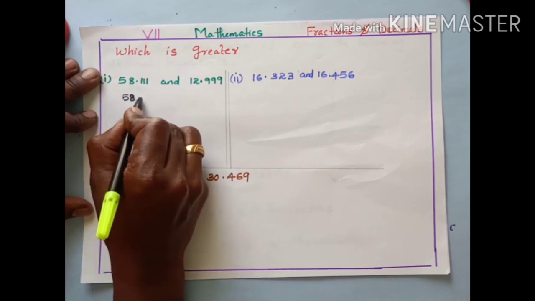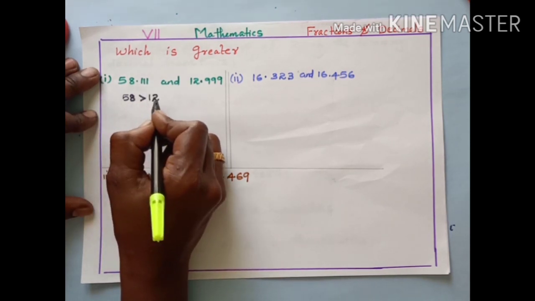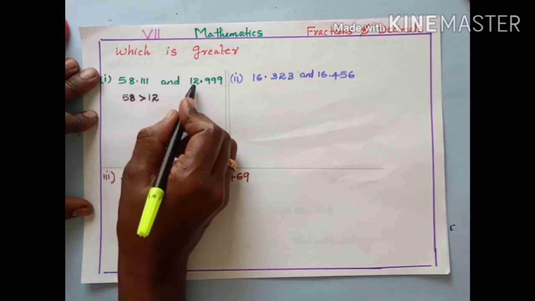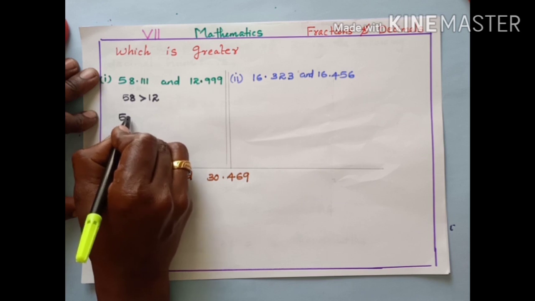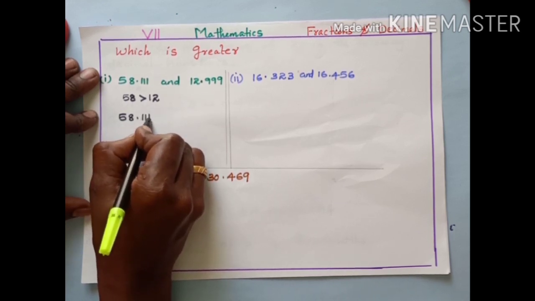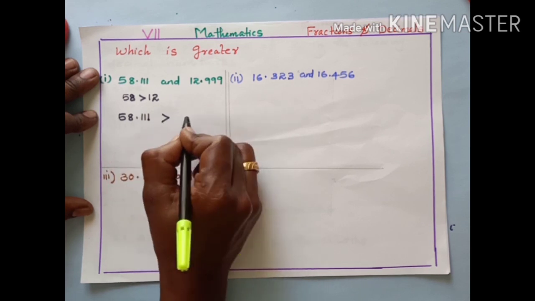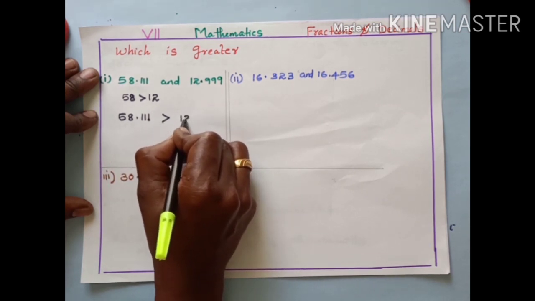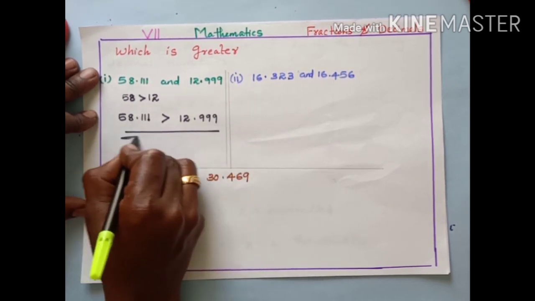So here 58 is greater than 12. So we can say that 58.111 is greater than, this is the symbol, greater than 12.999. Okay.